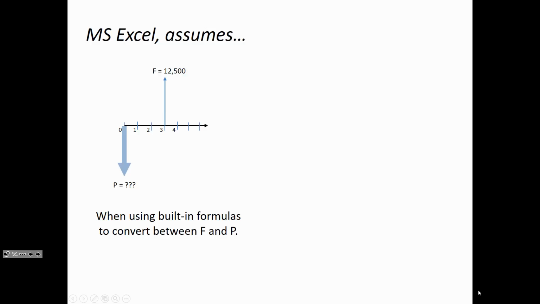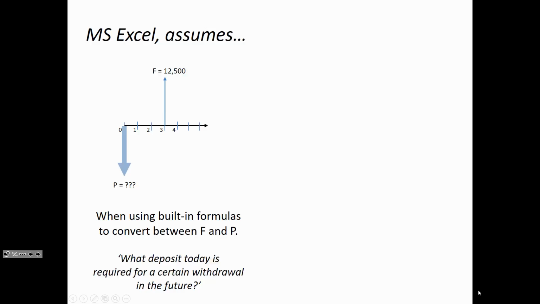And I guess someone at Microsoft made the decision that most of the time when the function is being used, you have a known value that's one direction and the unknown that you're trying to find is the other direction. And so just by default, the convention built into the formula is that it's this view. It's that one of the amounts is a deposit and the other is a withdrawal.